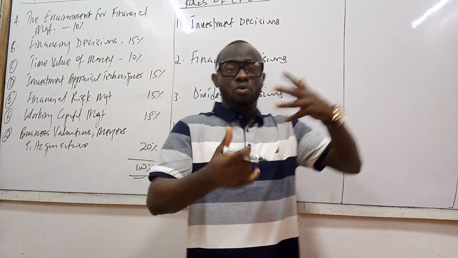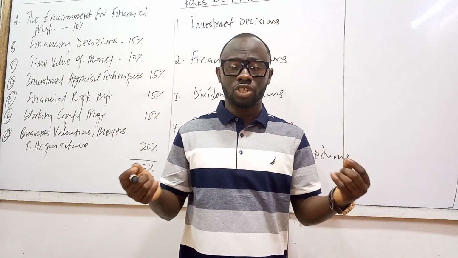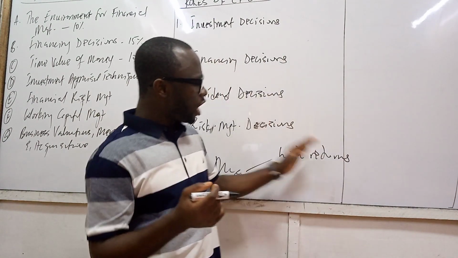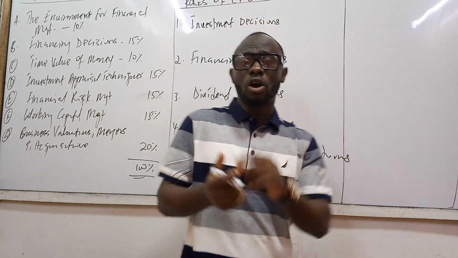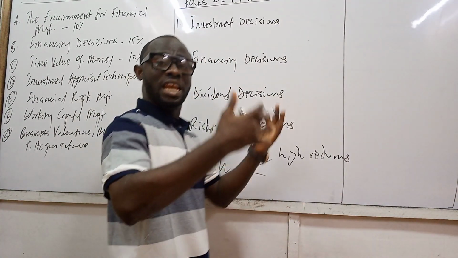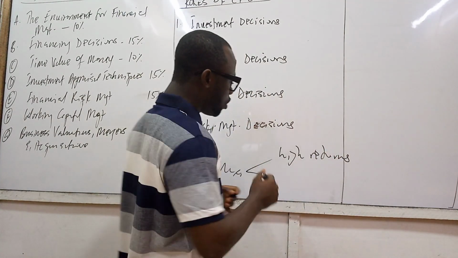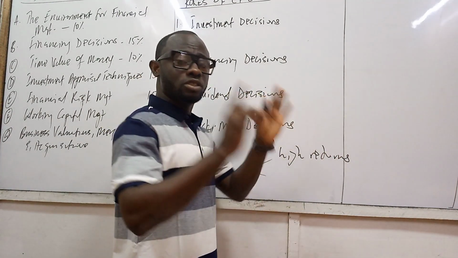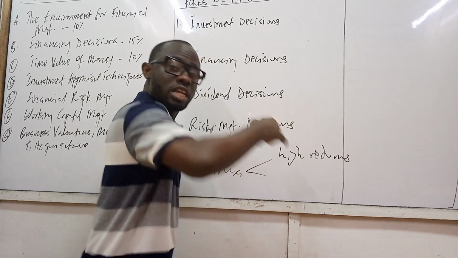That is one way we maximize their welfare as shareholders. But not only are we thinking about high returns, but also if the company happens to be listed, which is where our focus is going to be most of the time, to be able to increase the share price.